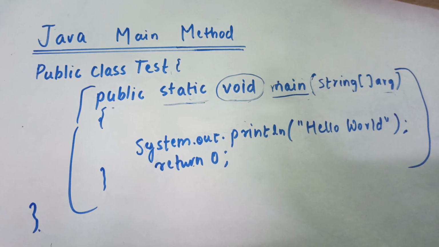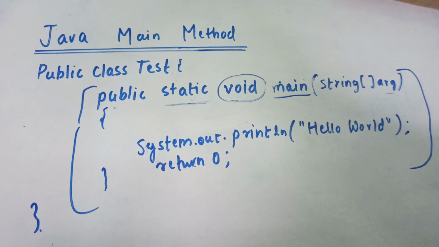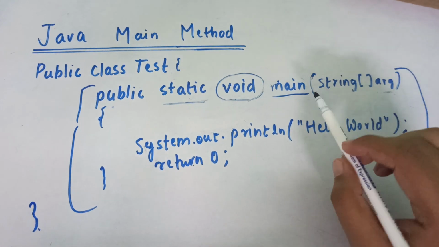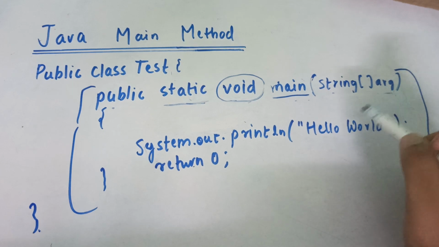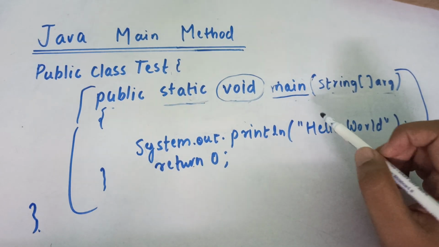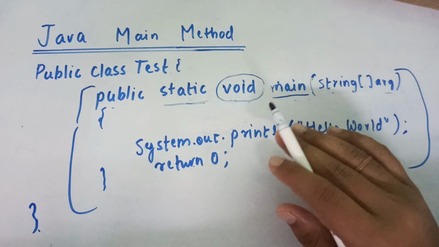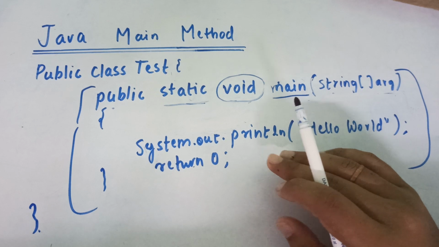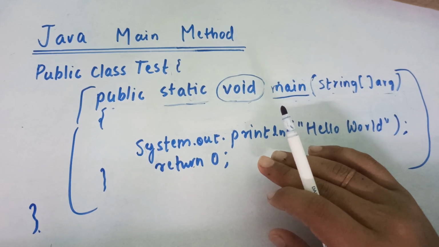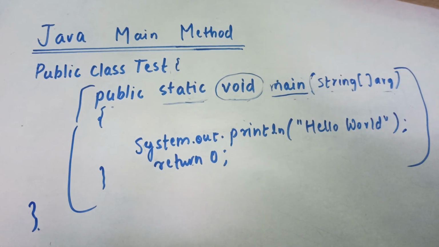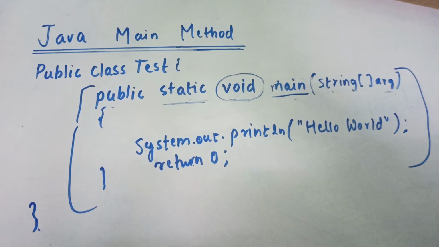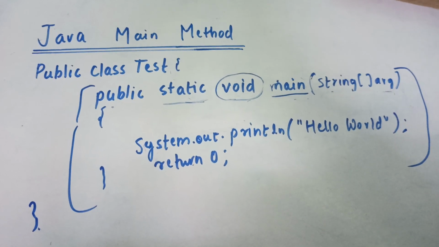Fine. And as I told you, the main method accepts a single argument of a string array. Each string in the array is a command line argument. You can use a command line argument to affect the operation of the program, or to pass information to a program at runtime. So how can you use a command line argument?